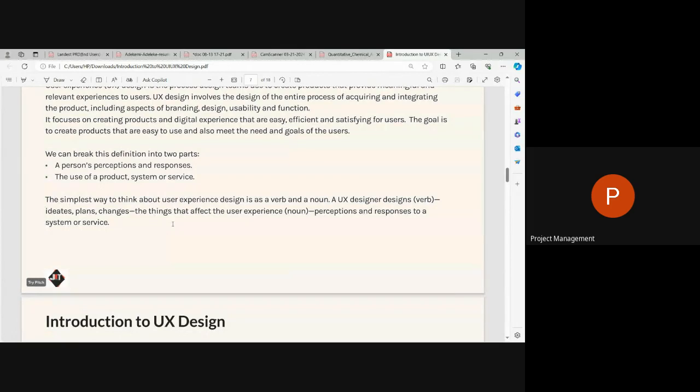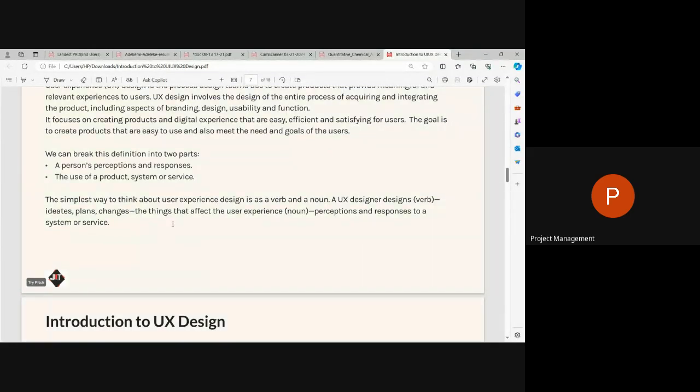You come up with a problem statement, a particular pain point that these users are facing. You think about solutions you can give the users to solve that particular problem. So that is one part.